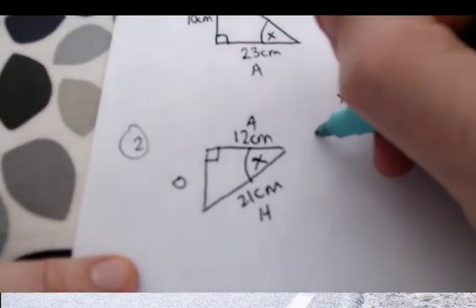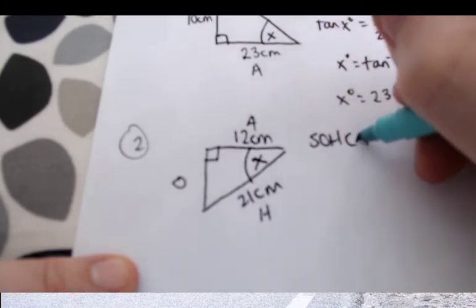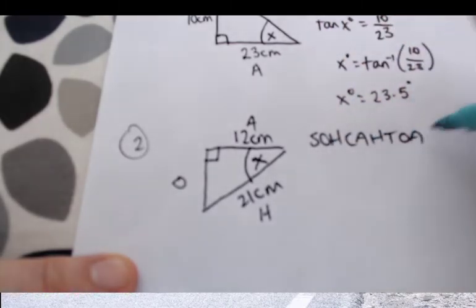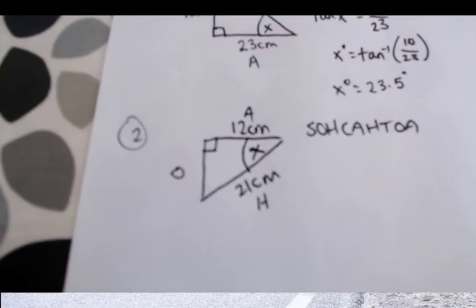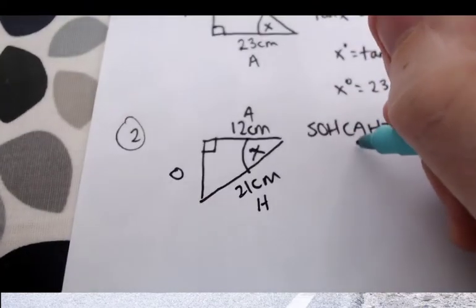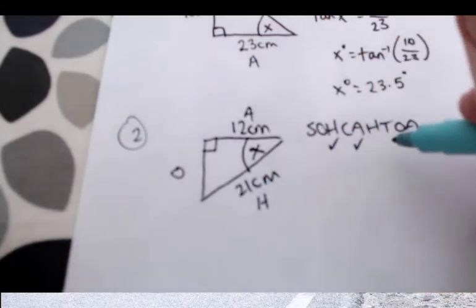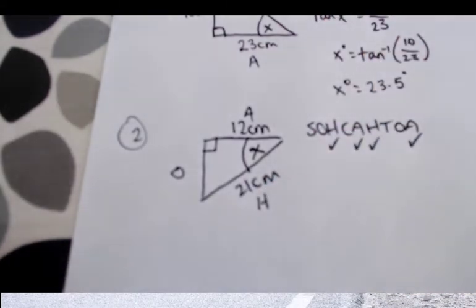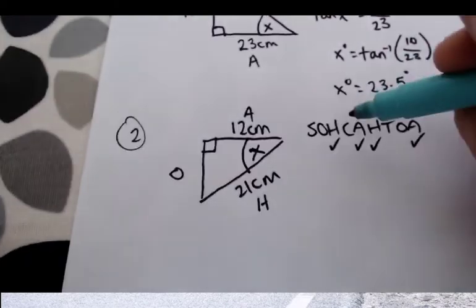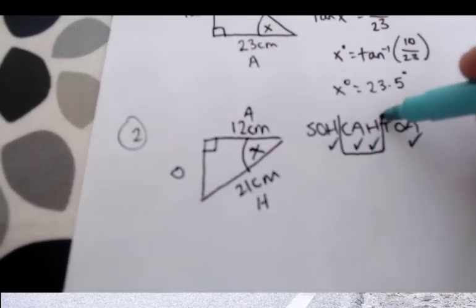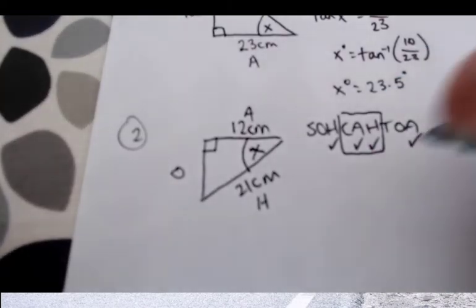I'm going to write SOHCAHTOA out again, and I'm going to tick which sides we've got. So we've got A, so I tick all the A's. We've got H, so I tick all the H's. And again, only one rule has two ticks. This time it is cos, so I'm going to use cos.